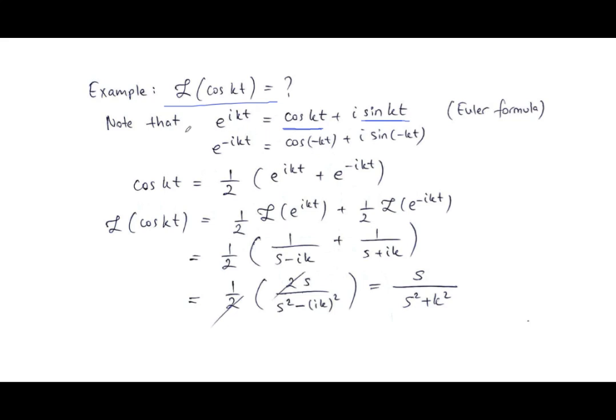You can use this property and substitute minus ikt instead of ikt, which means k is substituted with a minus sign. So instead of kt we have minus kt here, and also minus kt in the sine function. But for the cosine function, cosine kt equals cosine minus kt.